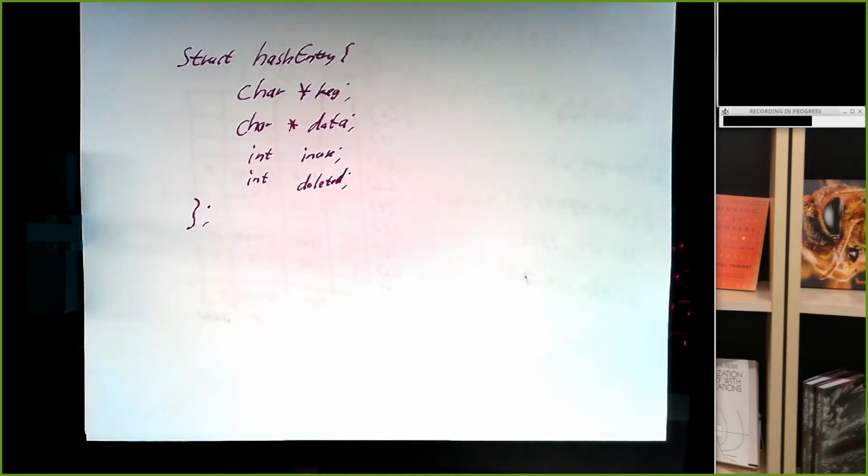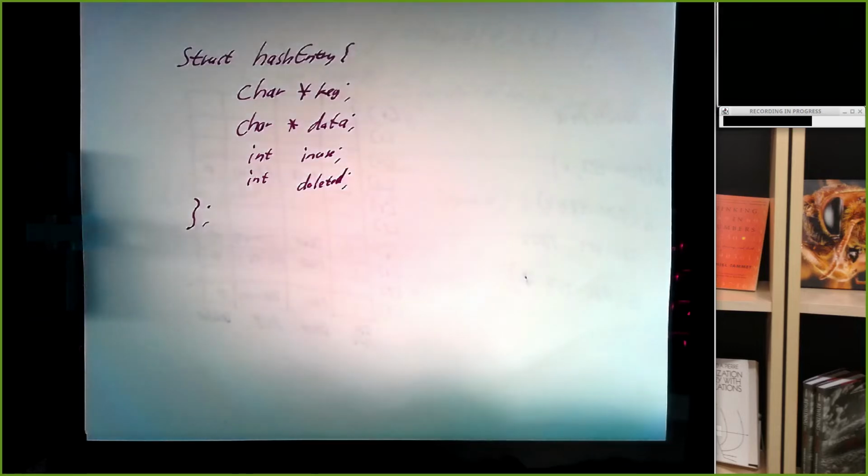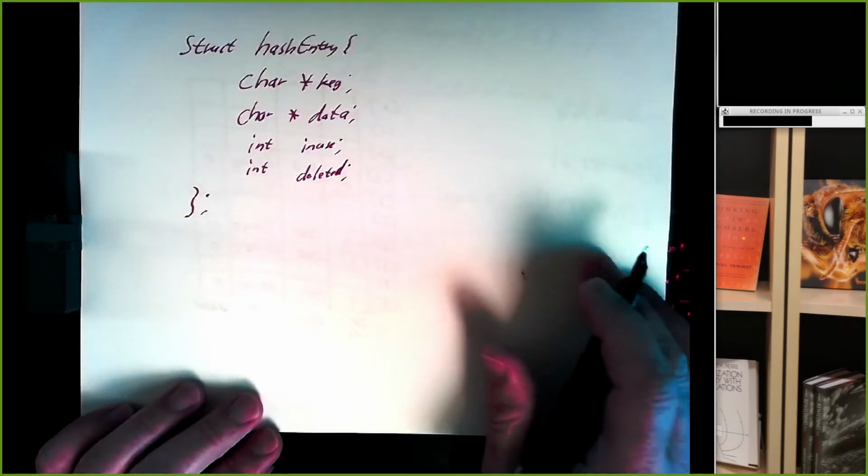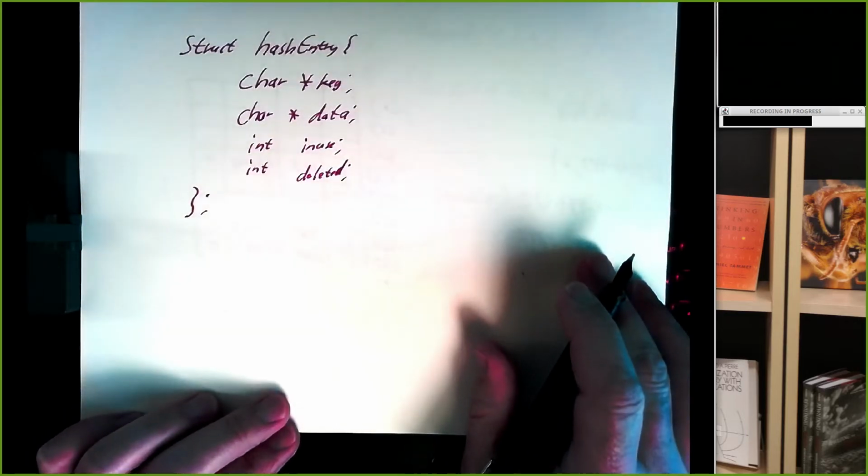Could we do, if we wanted to, a pointer to some data so that we could minimize the size of the array? Mm-hmm. So we can set up the array a couple of different ways.